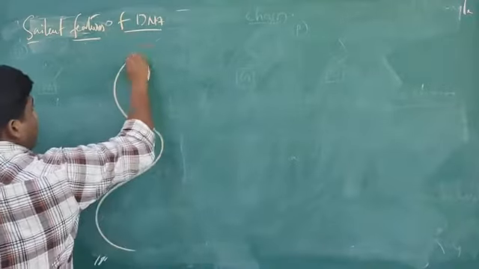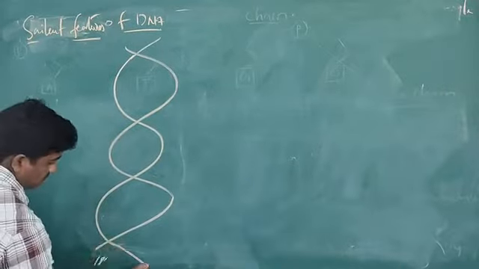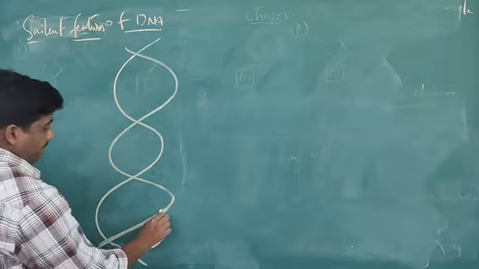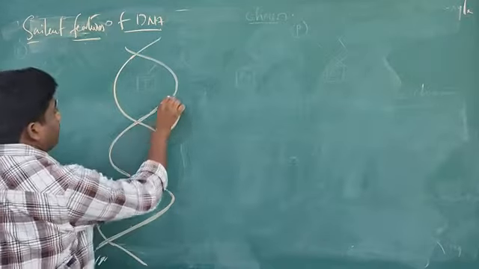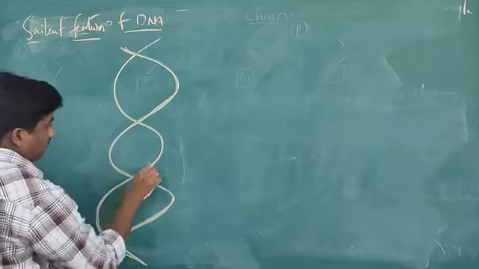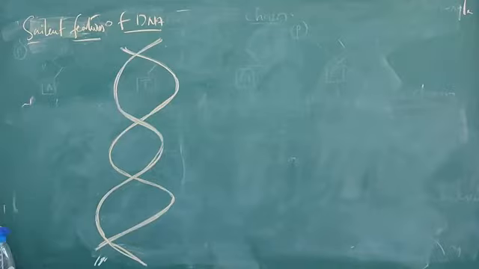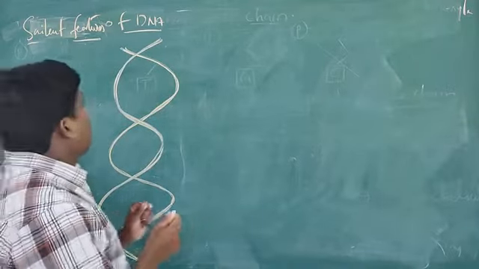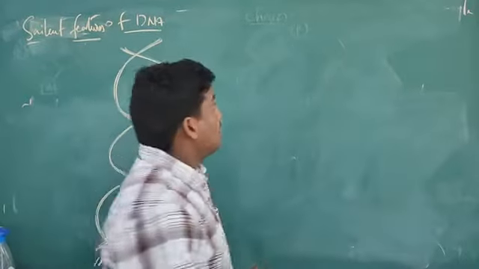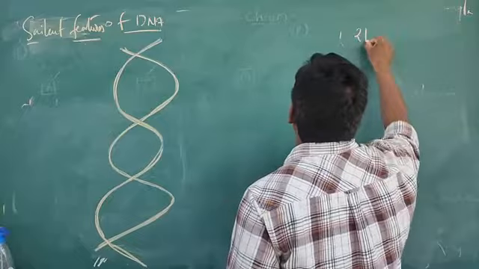See here, I draw very clearly. The DNA is made up of two polynucleotide chains.